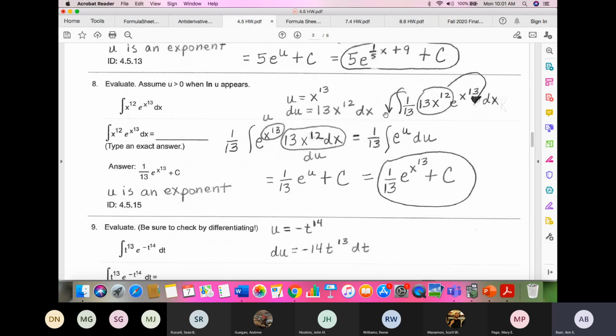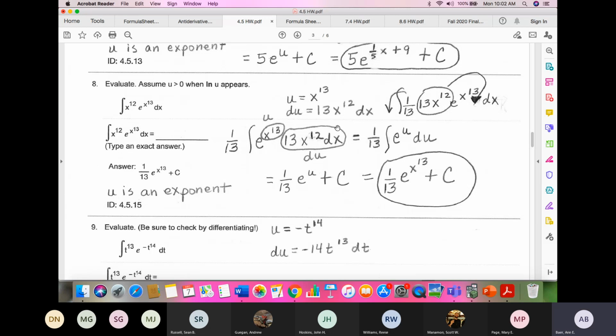So where does that leave me? That leaves me with a 1 over 13 here. Now this is going at the very end, so we have this that we need to account for, e to the x raised to the 13th here. And then this 13x to the 12th, and then this dx.